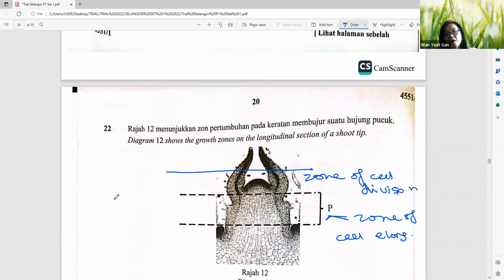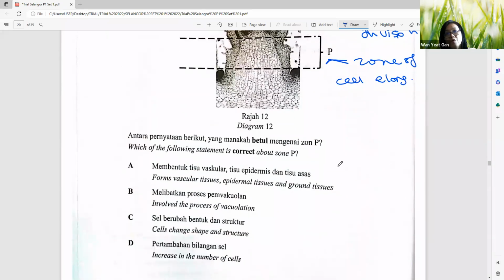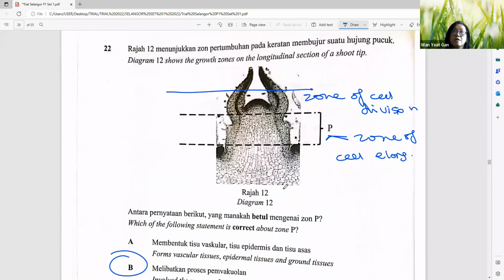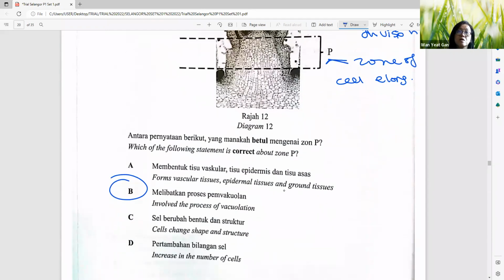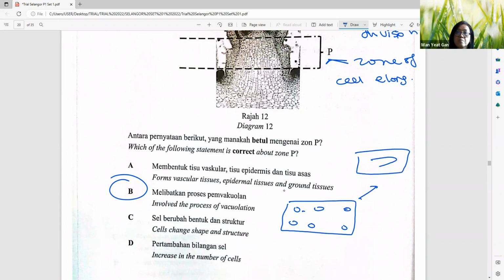So the correct statement about zone P is that it involves the process of vacuolation. Vacuolation means the small vacuoles inside the cytoplasm start to combine to become a large central vacuole.